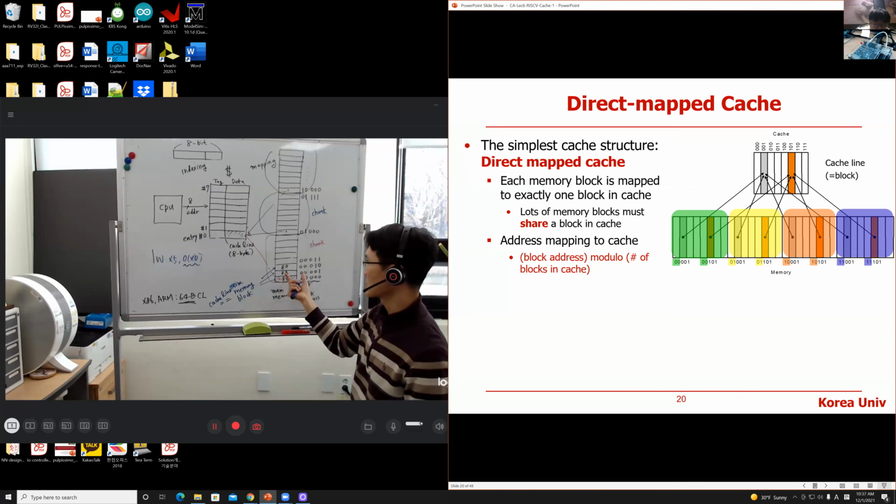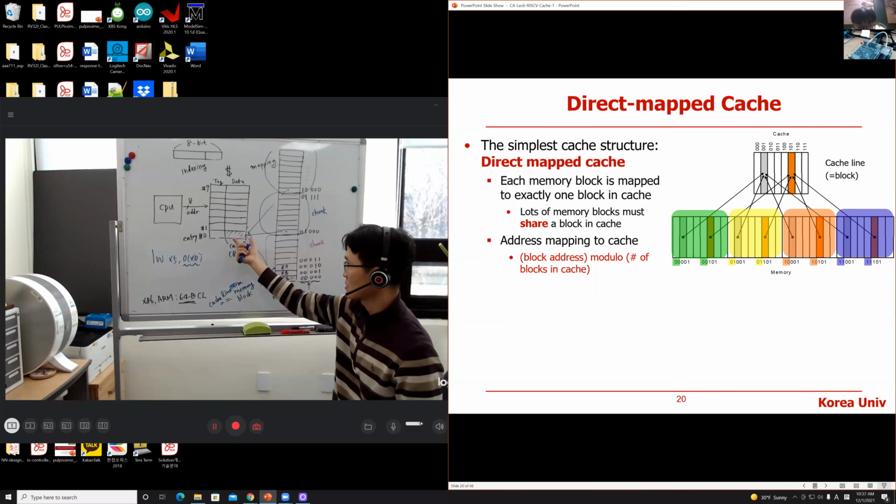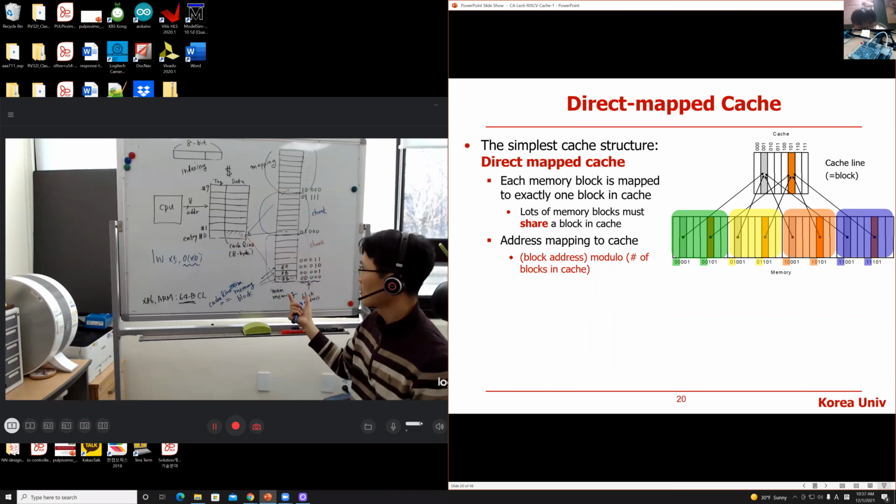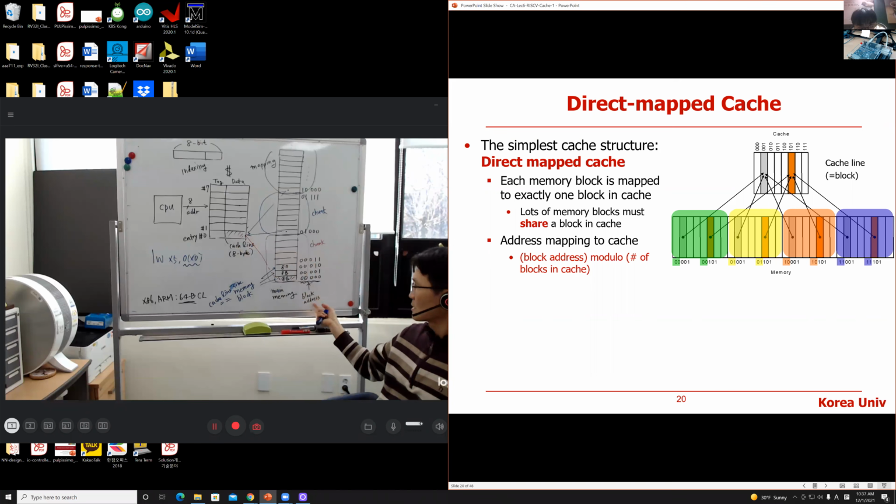This whole memory block will be placed into the cache. So it is better to use block address than byte address. When you talk about cache, it's better to use block address instead of byte address.